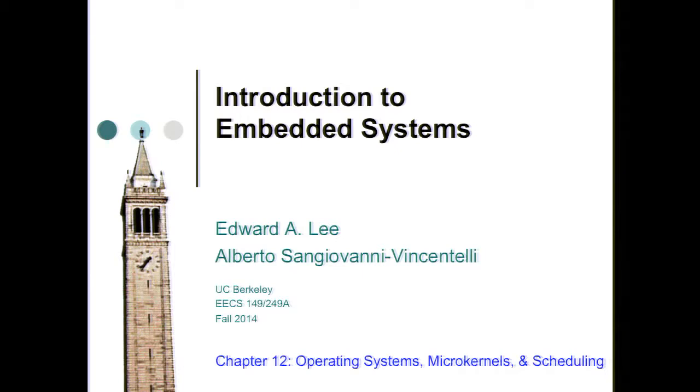The topic for today is covered in Chapter 12, and it's a very classical topic in real-time systems. It's been around for a long time, and there's a lot of research. A lot of the work in real-time systems is actually very heavily dependent on work that was done in operations research initially.